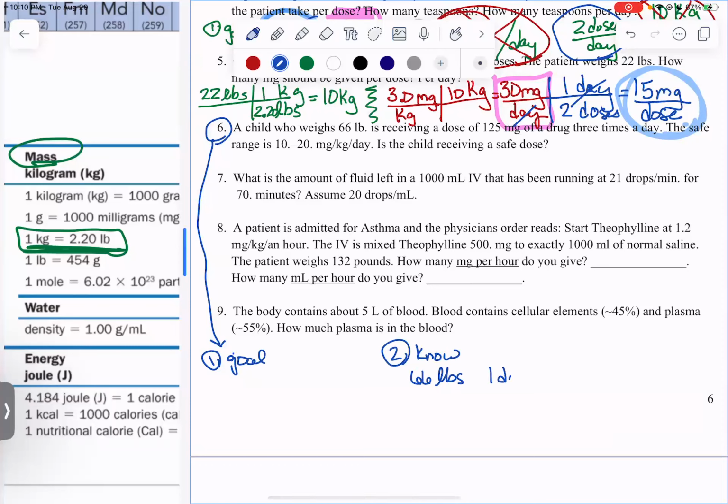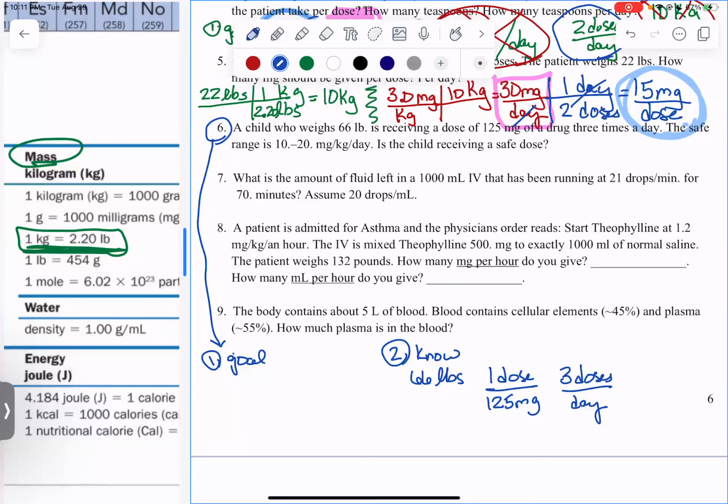So in one dose, they're getting 125 milligrams of drug 3 times a day. So they're going to get 3 doses per day. The safe range is 10 to 20 milligrams per kilogram per day. Is the child receiving a safe dose?